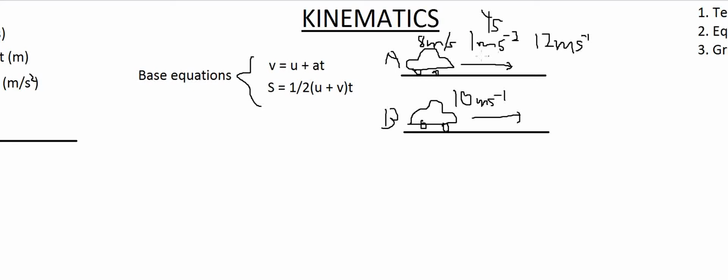So in the 4 seconds, which car travels more distance? The answer: they travel the same distance, or displacement. Actually, in this case both are the same since the direction is the same.